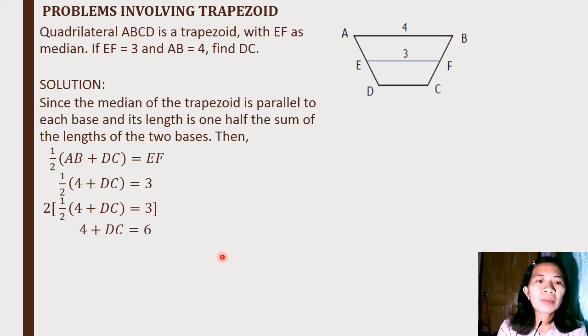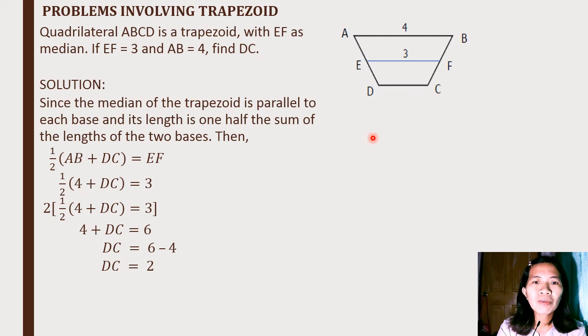So it will be 4 plus DC, equals 6 because 2 times 3 is 6. Then simplify: get the additive inverse of positive 4, which is minus 4. So segment DC is equal to 6 minus 4. So segment DC is equal to 2 units.